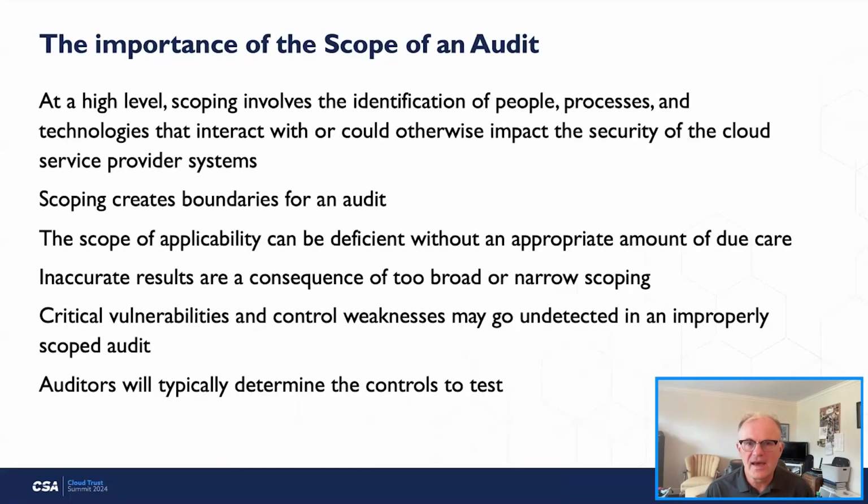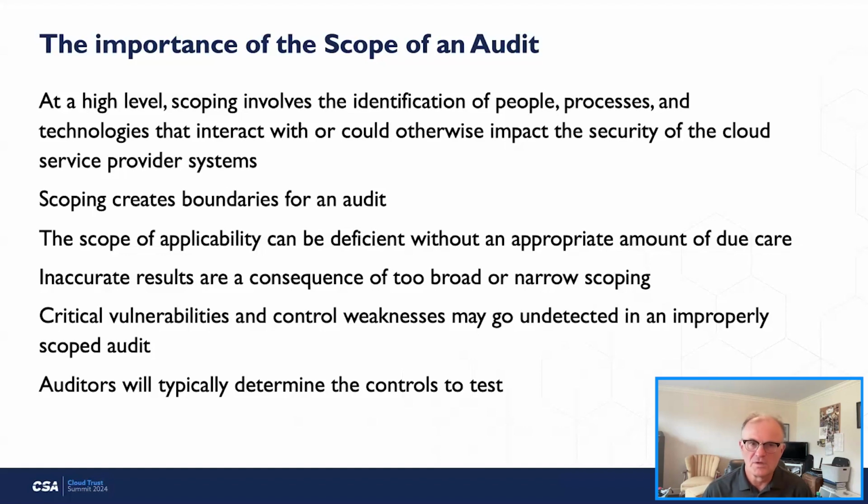So then let's go into the scope of an audit. When you think about scoping, we're thinking about the people, processes, and technologies that interact and could impact the security of a system. So we want to make sure that we are including them in how we think about an audit. So it's creating those boundaries.